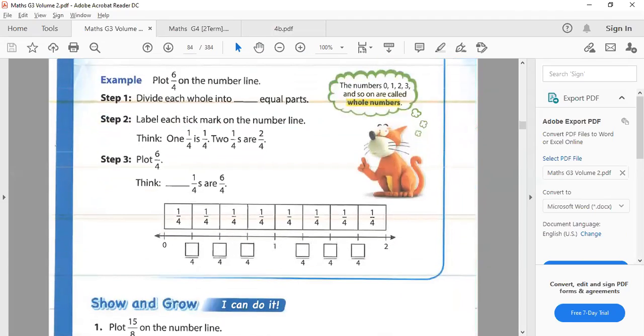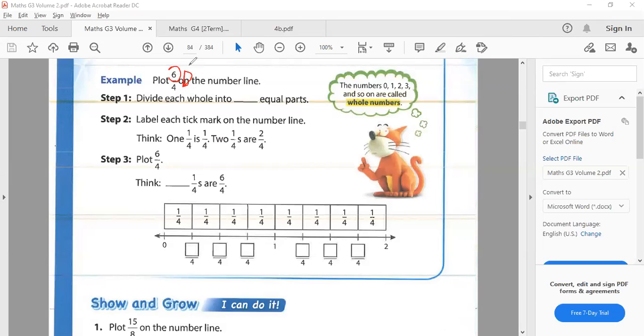Here it will be the same question, but we have a fraction like this. As I said, the numerator is greater than the denominator. So 6 is greater than 4, so this fraction will be greater than 1.